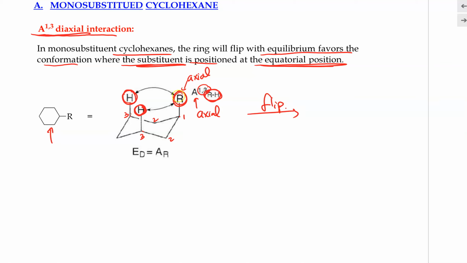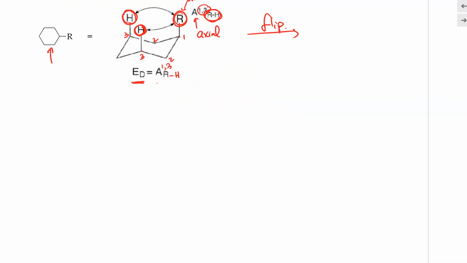And so the equation to calculate this energy is as follows: ED equals A, in this case 1,3 R and H. So that's how we can label it. Now let's look at an example right here. So let's say the R group equals a methyl group. So now let's calculate how much energy is involved between the two chair conformations of this.